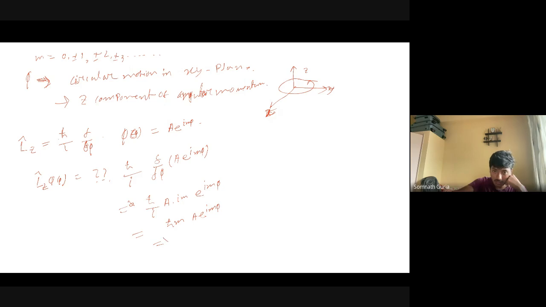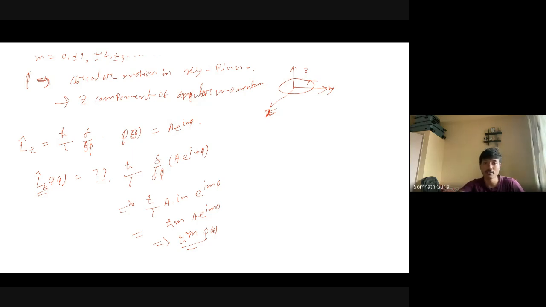That means h cross m phi, right? So this is the eigenvalue of this Lz operator.